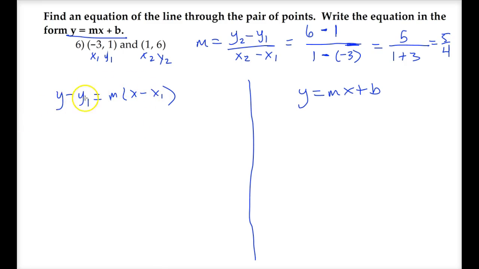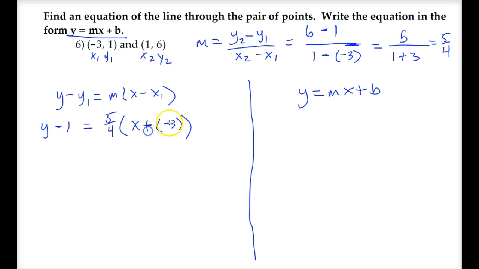Okay, so using the point-slope form, I am going to use the x1, y1 that I already have labeled here, since that's nice and convenient. And y1 is 1, the slope is 5/4, and x1 is -3.